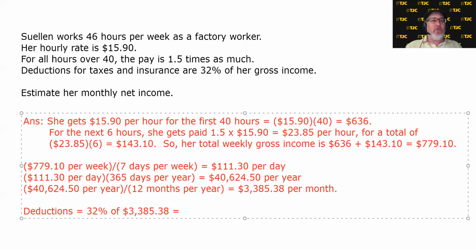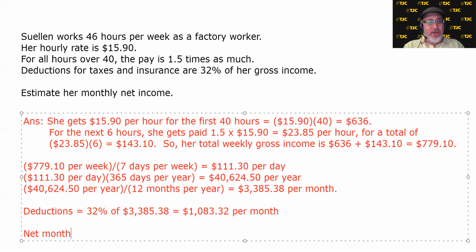And when we do math with percents, we turn them into decimals. So 0.32 times $3,385.38 is, oh goodness, $1,083.32, and that's per month. So out of that $3,300 plus paycheck, she loses over $1,000.